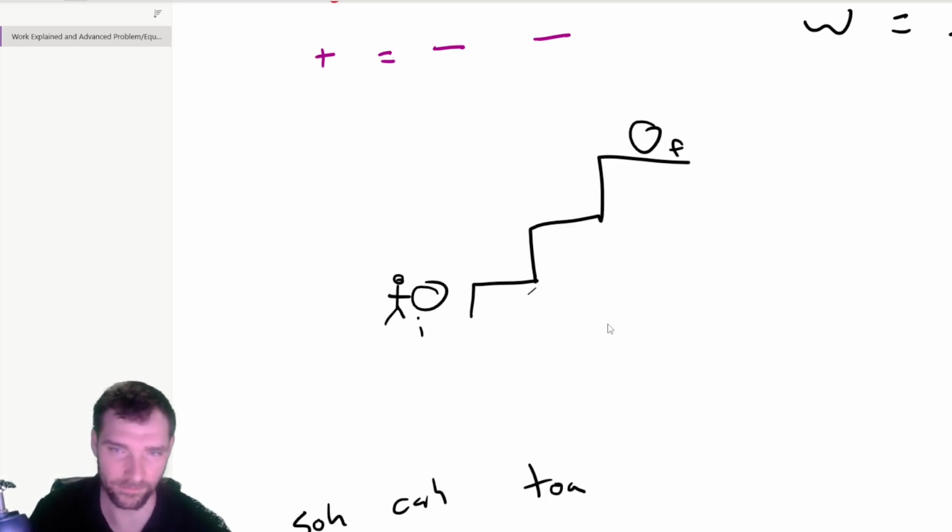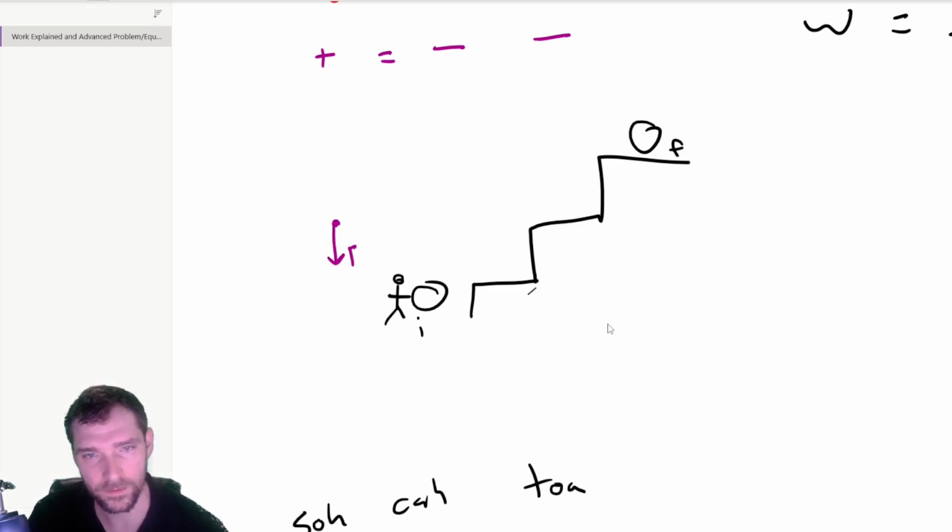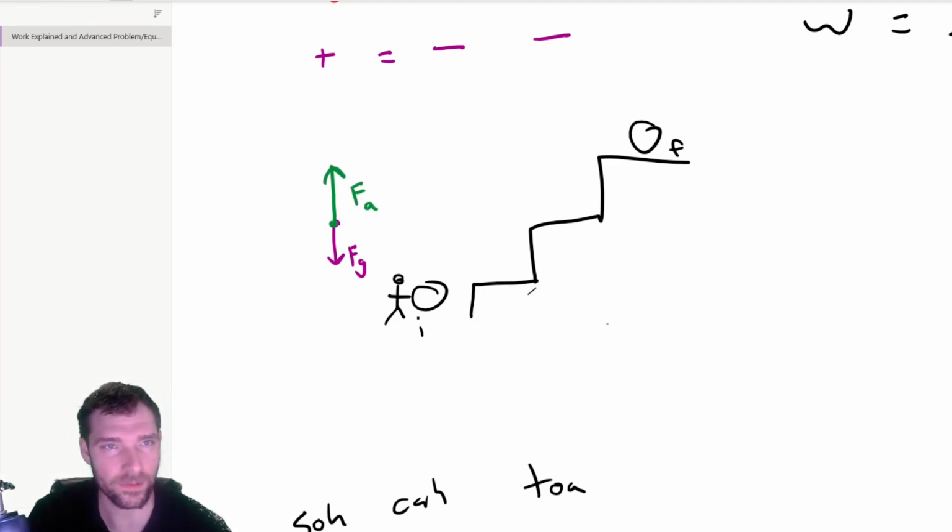You may have caused an increase in the potential energy, but there was a force of gravity that's down, and then there's also this force that you're applying up, and they're canceling out. So the amount of energy that you're plugging in is the amount of energy that gravity's taking out.